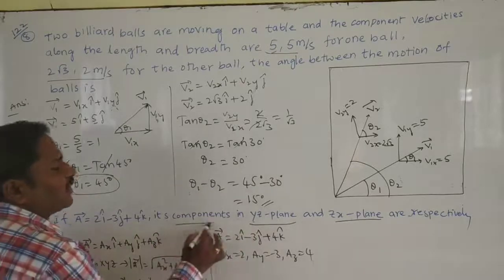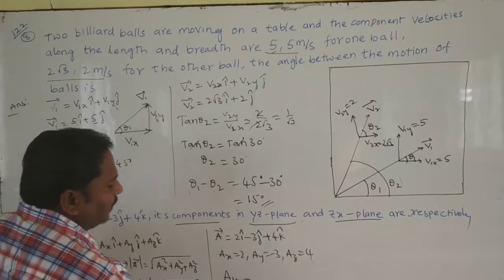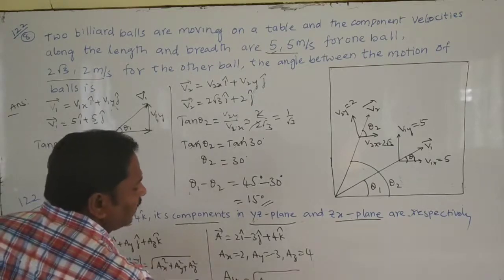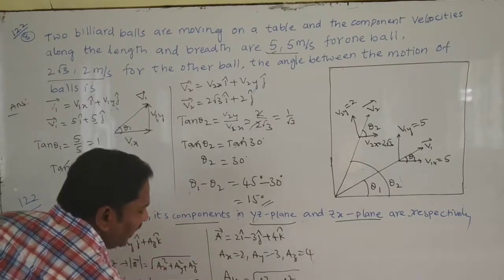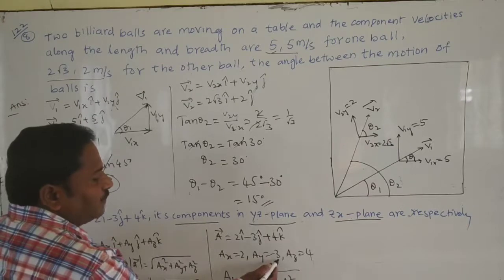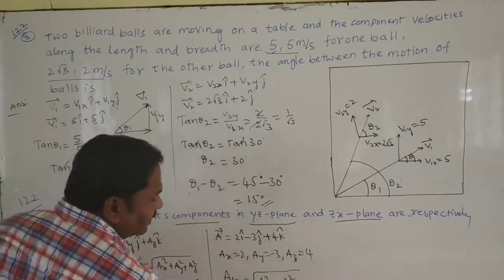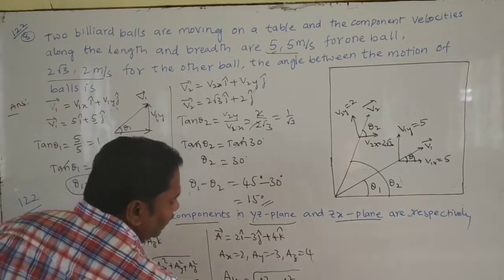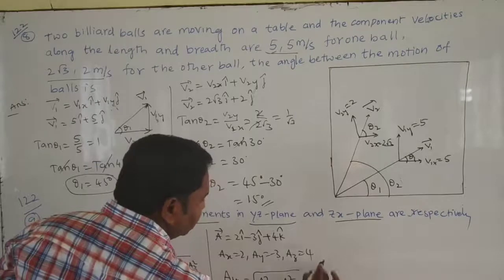The length in the yz plane is root over Ay square plus Az square, so Ayz equals root over minus 3 whole square plus 4 whole square, which is 9 plus 16, 25. Root 25 means 5.